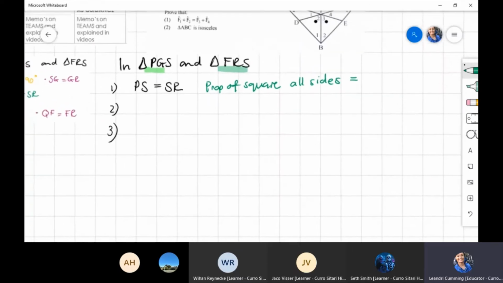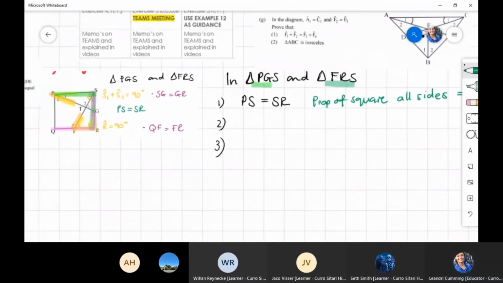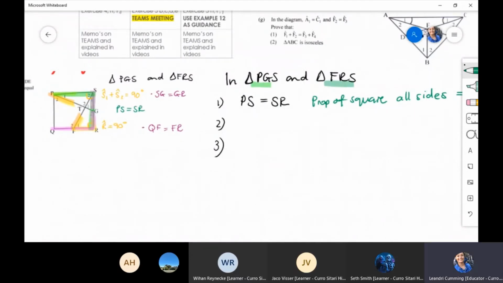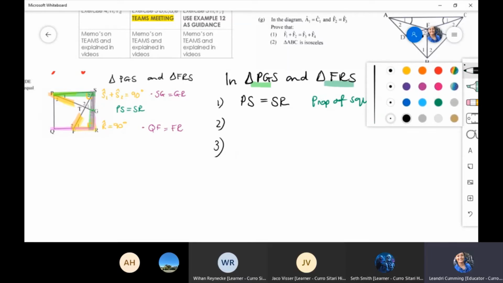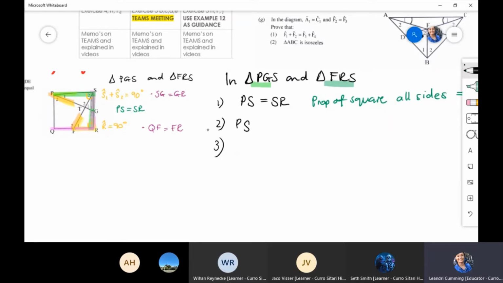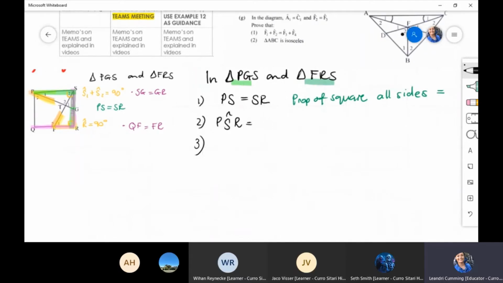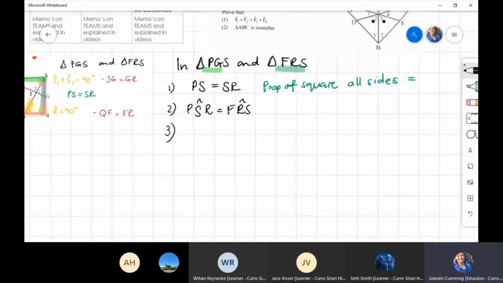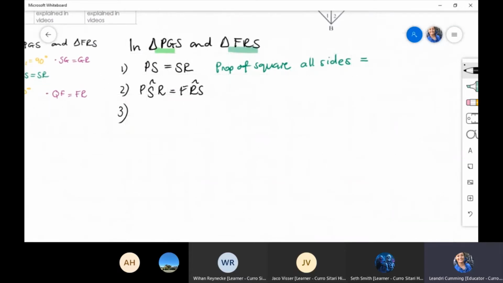Okay, then I'm going to say I have two angles. So there's a 90-degree angle at S1 and 2 together, and there's a 90-degree angle at R. So let's state that angle PSR is equal to angle FRS, and that angle is equal to a 90-degree angle.